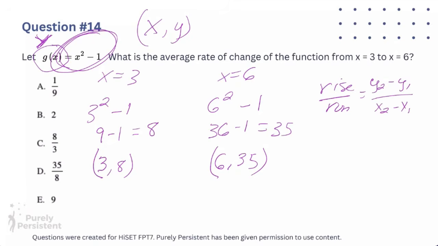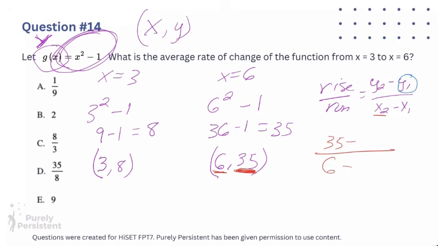So let's actually change colors here. So we're going to say here y2, so we're going to call this one the y2. So I have here 35, and then my x2 is right there, so that's actually where my 6 goes. So I have 35, and let's bring it to a different color to make this easier.